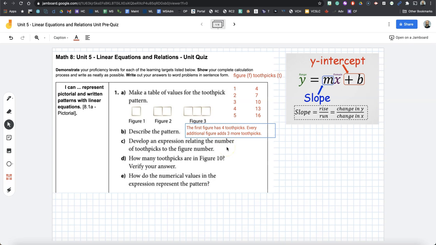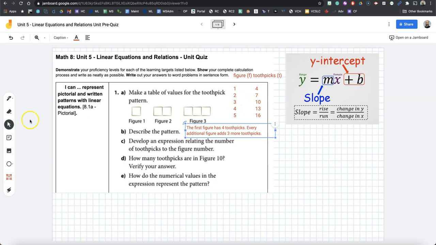Some students reminded me of the difference in definition between an equation, which always includes an equals sign, and an expression, which does not involve an equals sign. It makes me very proud that we remembered. So the expression here is going to be simply 3f, 3 times whatever's in this column, plus 1.